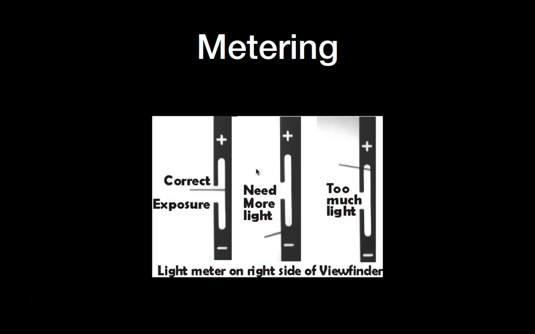So if you metered in a film camera, it's how the camera reads the scene presented, and it gives the photographer an average guess if it is a good, over or underexposed. So if you shot film through this method, you may be looking through your viewfinder and you have a needle that either goes up when it's more exposed, overexposed, or down to underexposed, and you have to sort of balance it in the center.